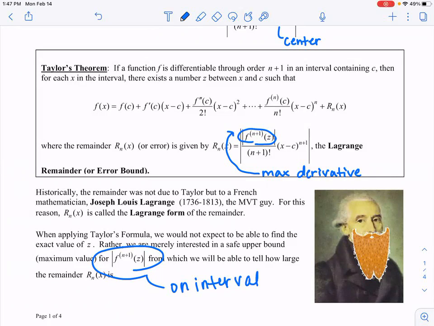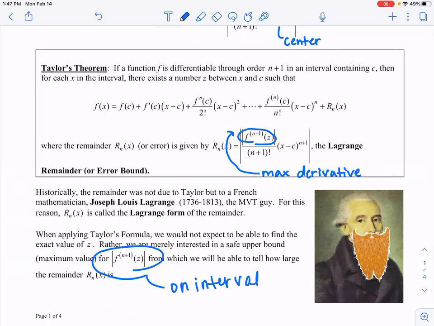So how far off are we going to be? When I say the interval, I'm talking about the interval from where we are centered to where we are approximating. Sometimes we're going to have functions that automatically give us an interval. Sometimes we're going to have to think just a little bit.